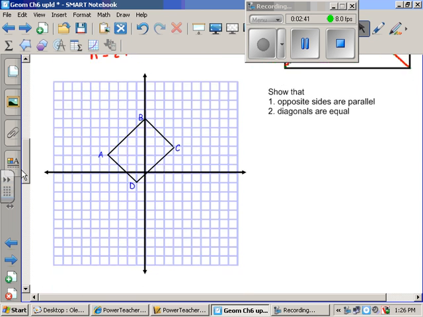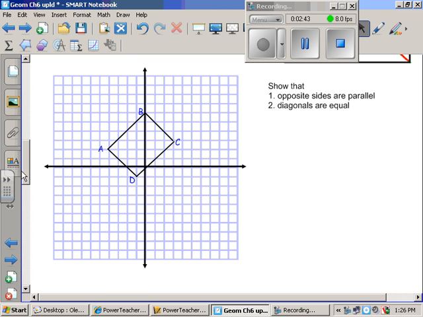If I want to prove that this quadrilateral here, ABCD, is a rectangle, the first thing I always have to do, no matter what kind of shape I'm proving, is prove it's a parallelogram. And the way you do that, the easiest way, is just prove that all the opposite sides are parallel.